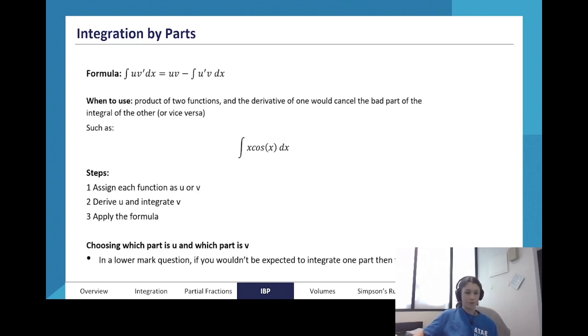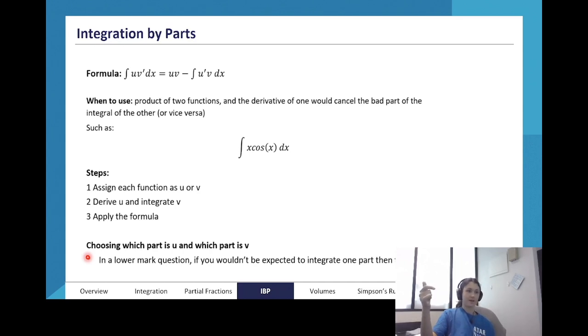The other thing to take note of with integration by parts, if you're doing an exam, is to have a look at how many marks the question is worth. So if you have a lower mark question, you wouldn't be expected to integrate one part, being v, if it's too difficult.